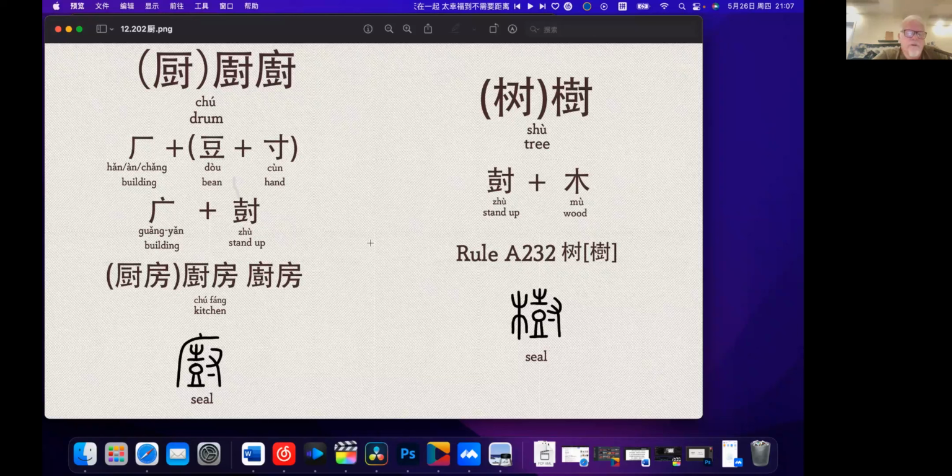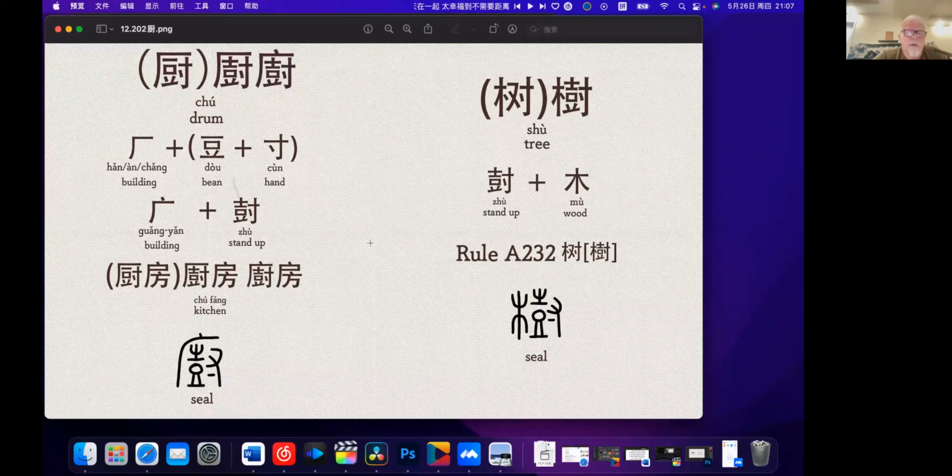But first of all, the roof gets distorted. And you have an older character, Chu Feng. And it becomes the component, which most people call Chang, but actually that's a simplification. It was originally pronounced Han and meant a cliff.